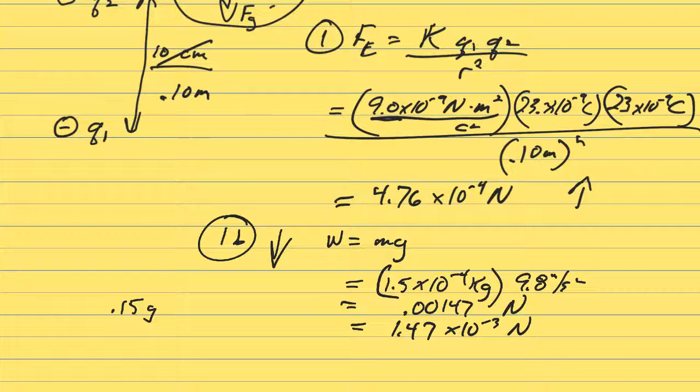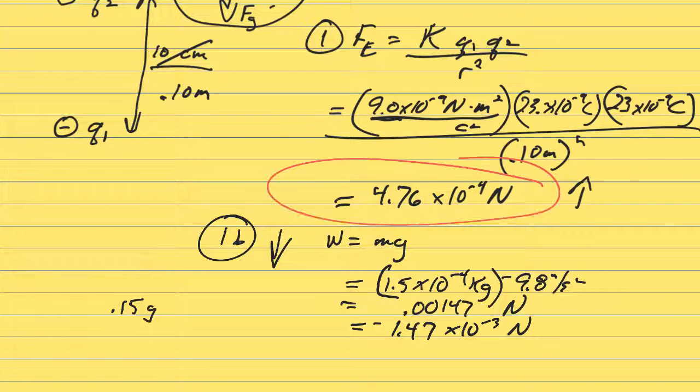And now I've got to subtract these out because I have up and I have down. So this is going to be negative. The top one is positive. So 4.76 EE negative 4. And I have to subtract off 1.47 EE negative 3.